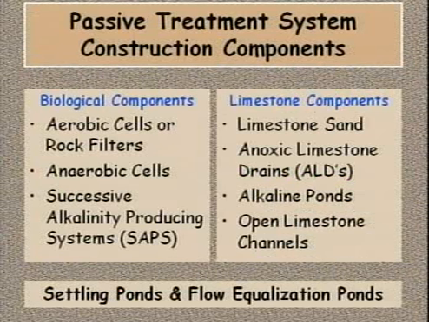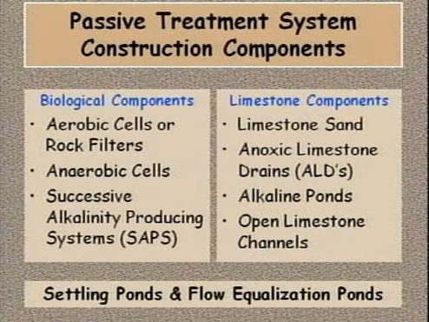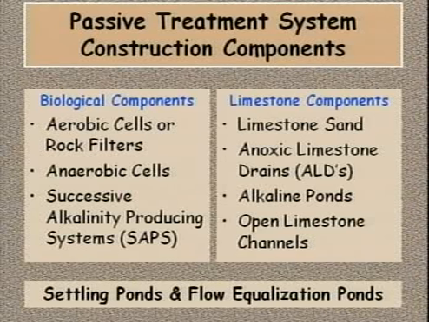So, how do we take these concepts and physically apply them on the ground? Here's a list of some of the cell types that engineers use to create geochemical conditions favorable for metals precipitation. There are 2 major types. The ones on the left are biologically based. That is, they use bacteria-facilitated reactions as the primary means of treatment.